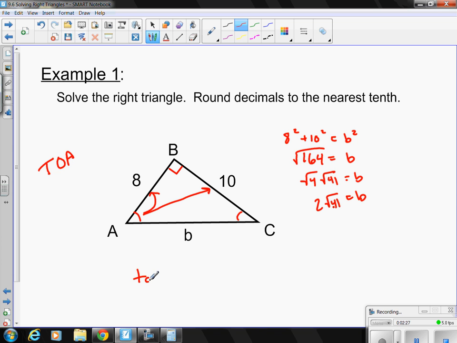So the tangent of angle A equals 10 over 8. Well, if I want to know what angle A is, I need to take the inverse tangent. And sometimes that's called arctangent because this is not an exponent, and sometimes people get confused with that, so they call it the arctangent instead.